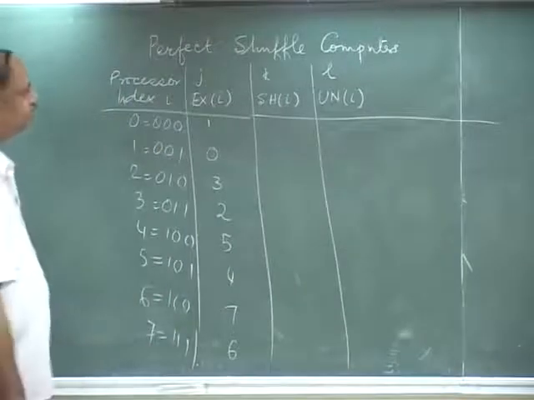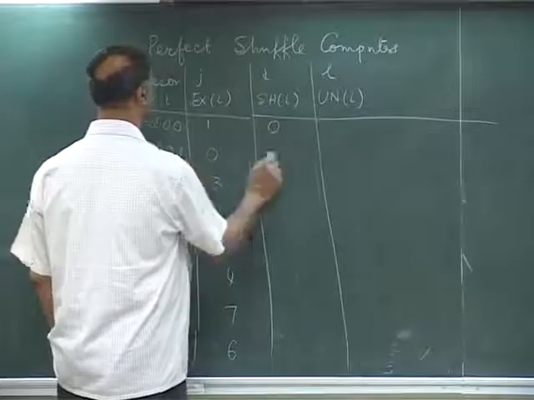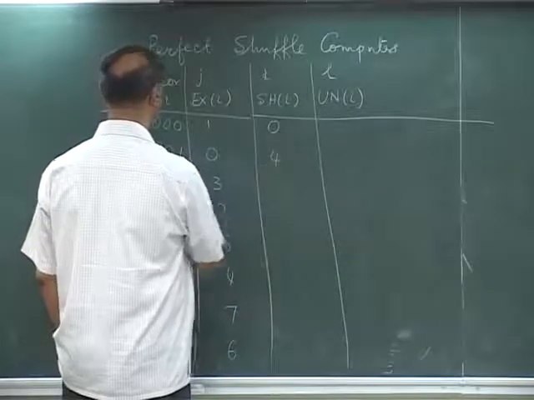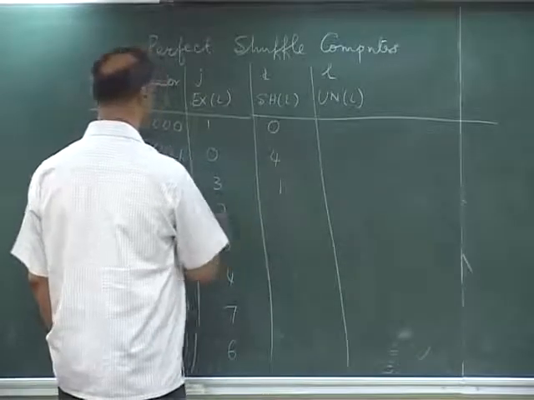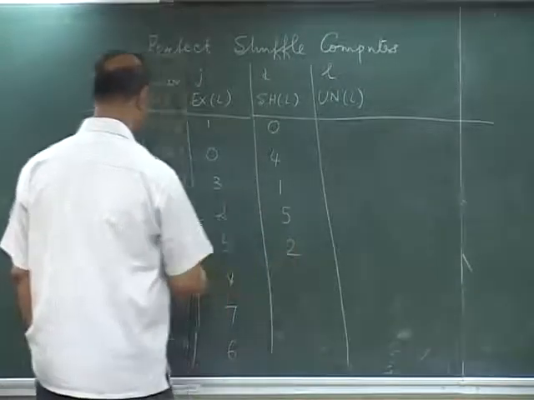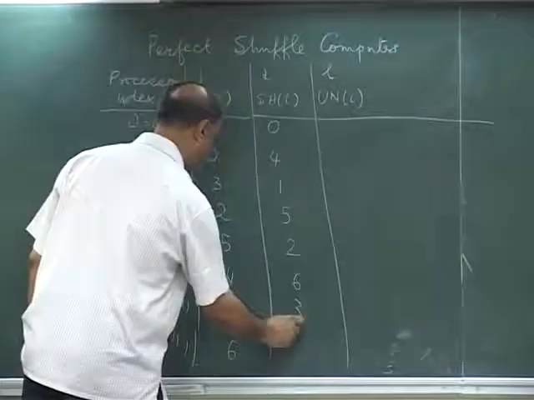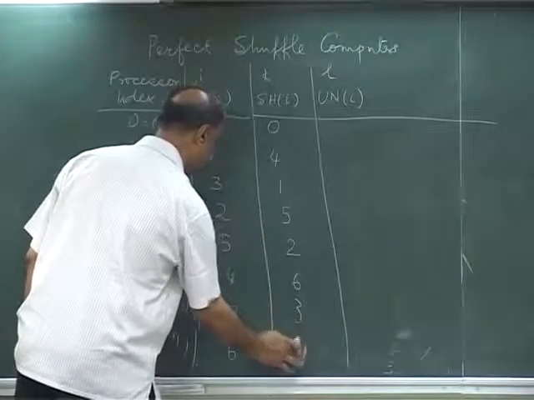Shuffle of I: this is 0, this is 4, this is 1, this is 5, this is 2, this is 6, this is 3, this is 7.